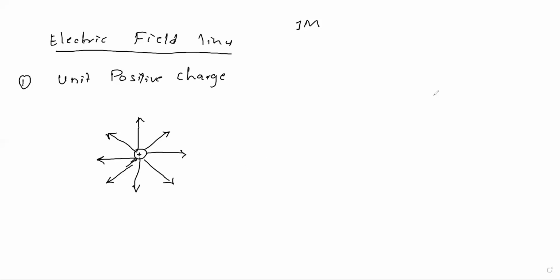Similarly, if I ask you to draw the electric field line for a unit negative charge, how will you draw it? We all know if it is negative, it is an attractive force, hence it will be radially inward. The arrow mark will be facing the inward direction.